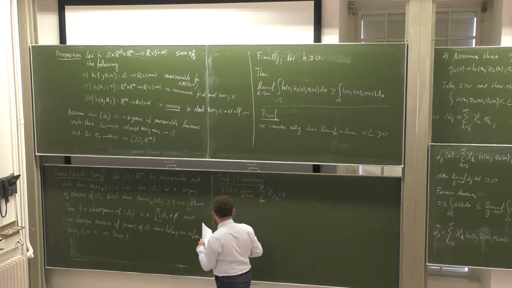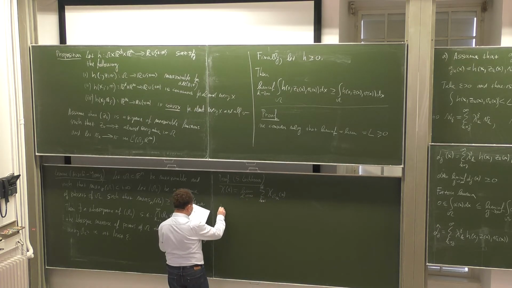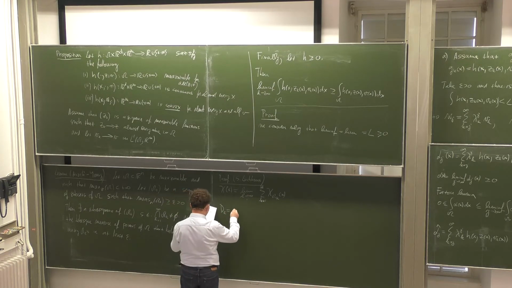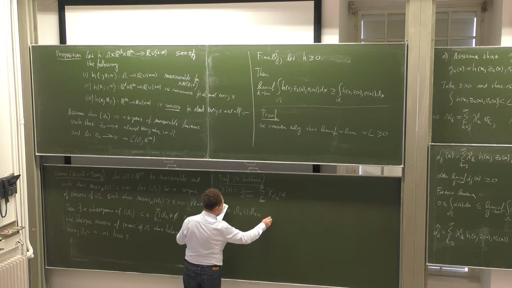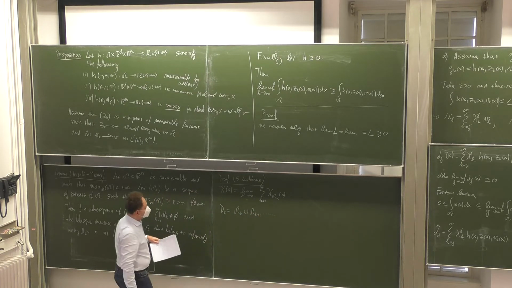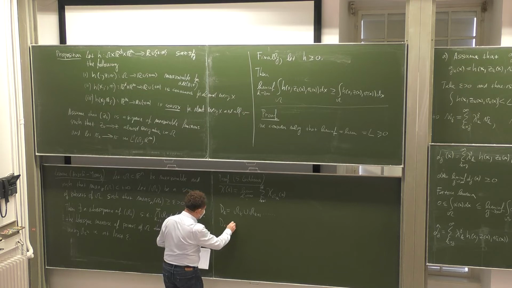And now you take something which I call d_k, and this is defined like that. So you take omega_k unified omega_{k+1}, and so on. So this index here is always the one you start with. So you see that d_{k+1} is a subset of d_k.